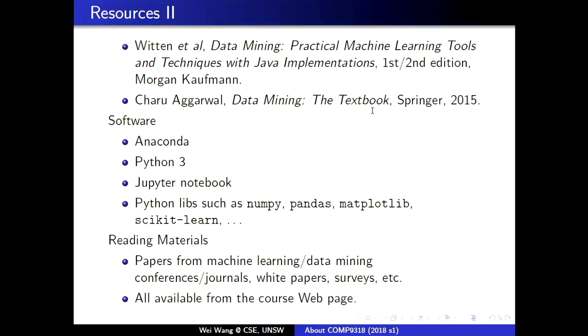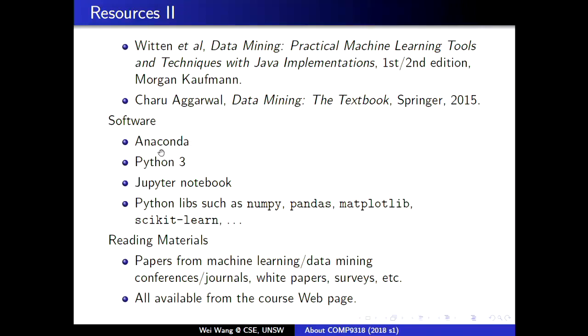For software, we are going to mainly use Python. If you don't want the hassles, the best way is to download Anaconda. Of course, Anaconda takes quite a huge amount of space, several gigabytes. There is also Miniconda, but again, you need to know how to install packages by yourself.